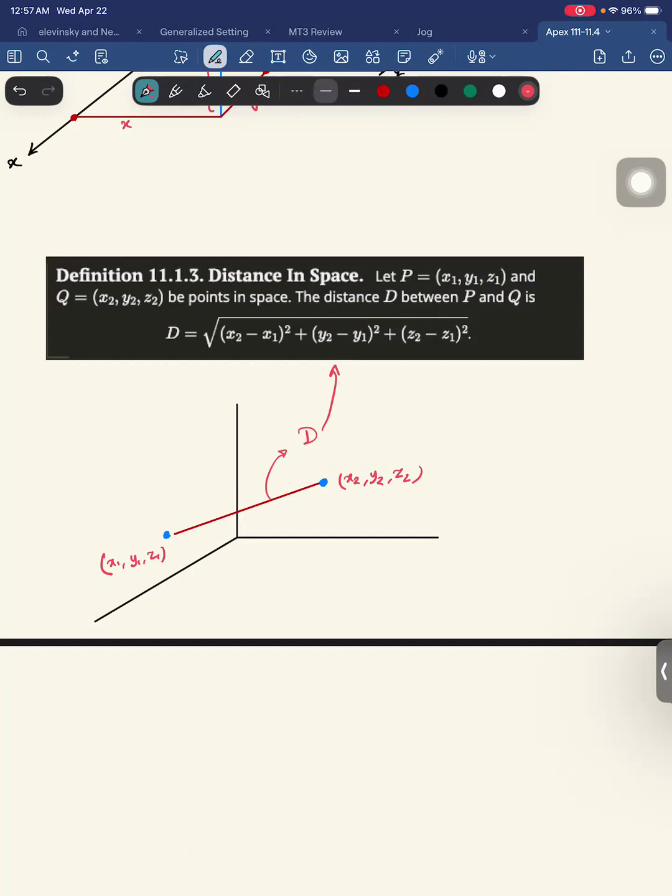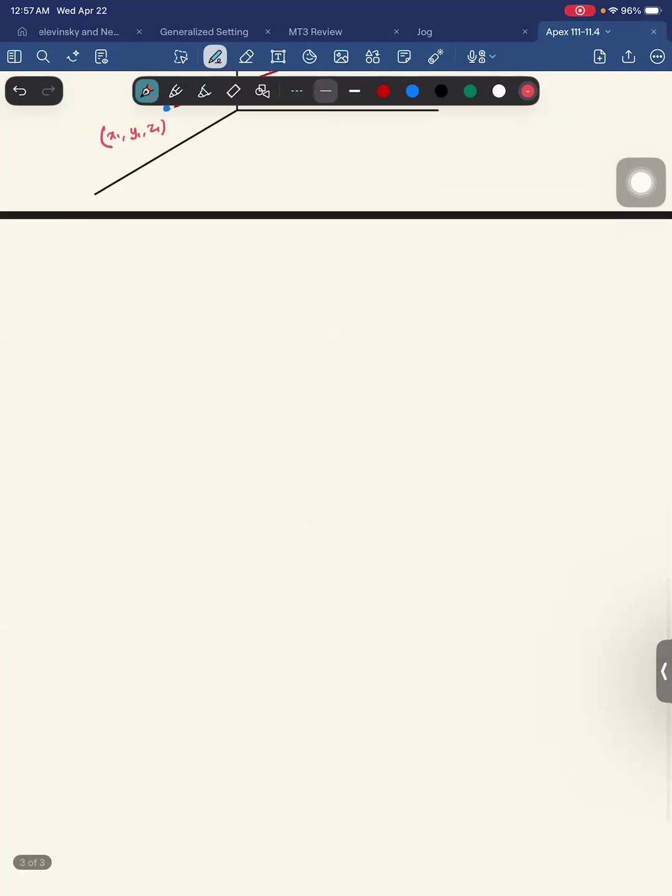Up next, let's try to see certain figures in 3D space and understand their equations. So for example, suppose I draw a sphere. You can imagine a sphere very easily. Just try to imagine a soccer ball, a perfect example of a sphere.